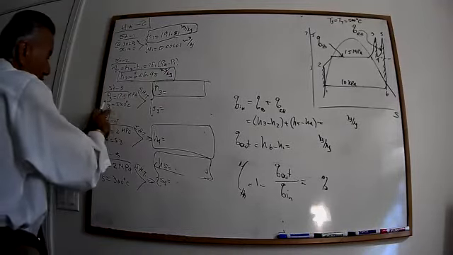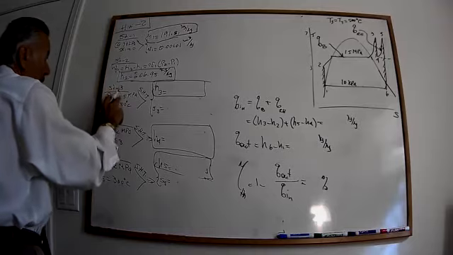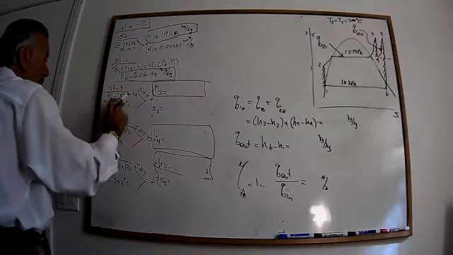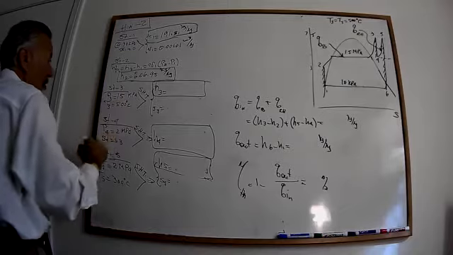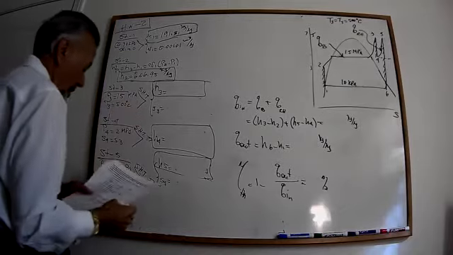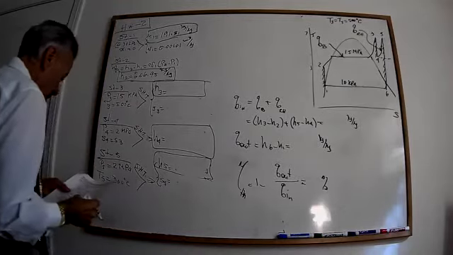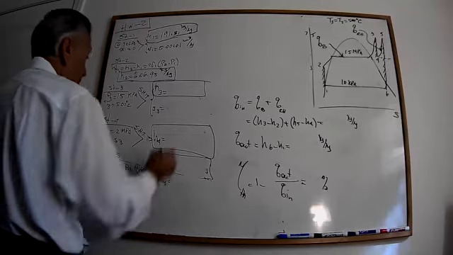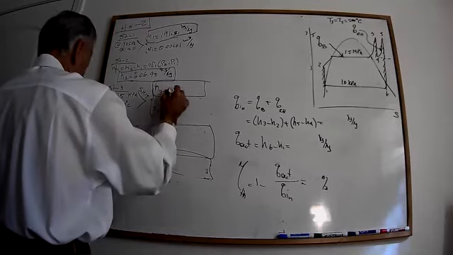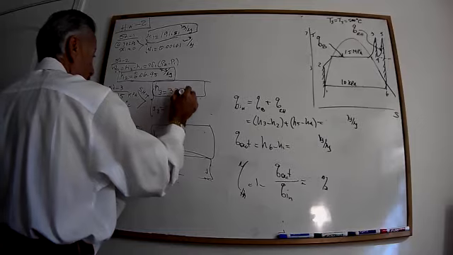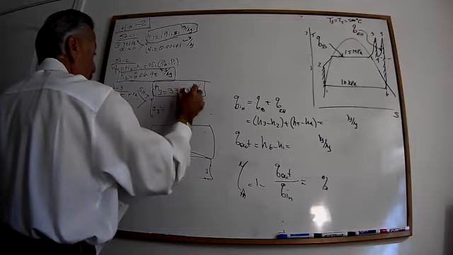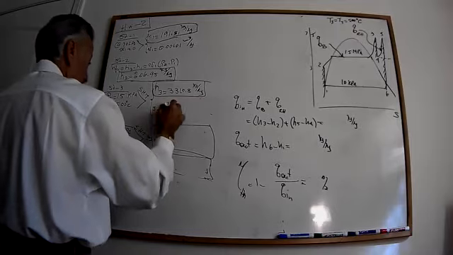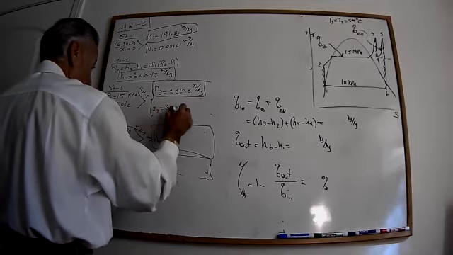So that's the second H2. Now we go to point 3, we have 15 and 500 superheated. The value of H3 becomes 3310.8 kilojoule per kilogram, and S3 is 6.3480.